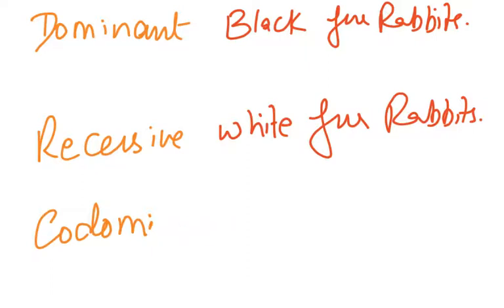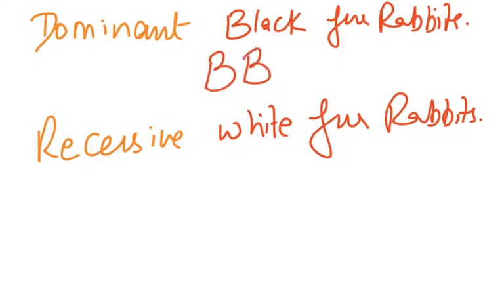We're just going to say there's a dominant trait and there's a recessive trait. So black furred rabbits would be either this or this, and the white furred rabbits would be this, because I've told you this is a recessive trait.